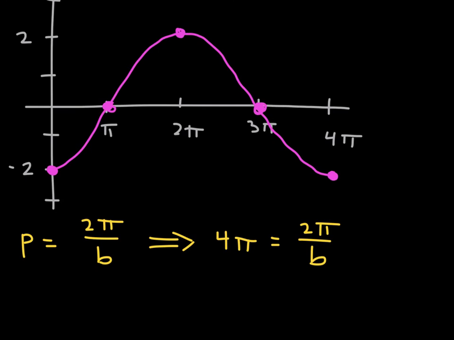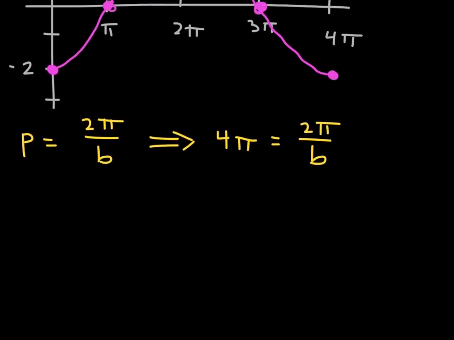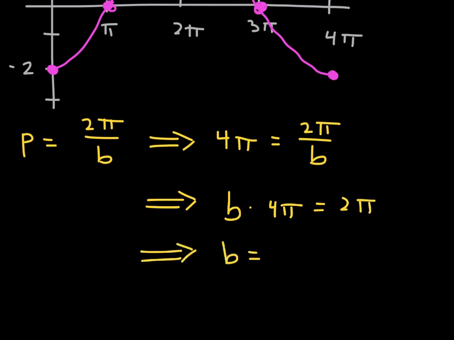So I can solve for b here by multiplying both sides by b, and I'll get b times 4 pi is equal to 2 pi. So what I can do is divide both sides by 4 pi to isolate b and get that b must be equal to 1/2. That's what's going to get my period to extend, to horizontally stretch.